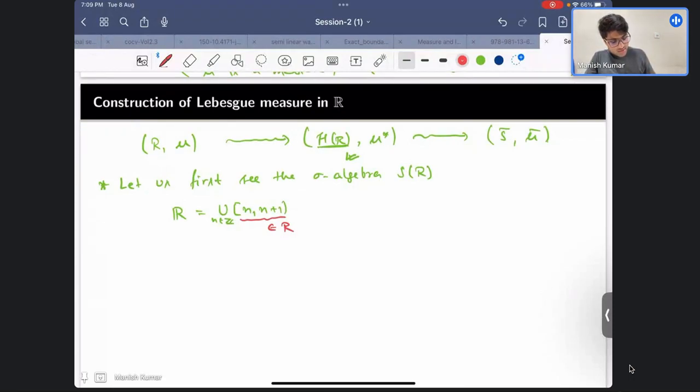Since this is a countable union of elements of R, it belongs to S(R). Is this clear? Each interval belongs to R, so it is in S(R), and this is a countable union of elements of S(R), so it is also in S(R) because S(R) is a sigma algebra. Tell me if it's not clear.